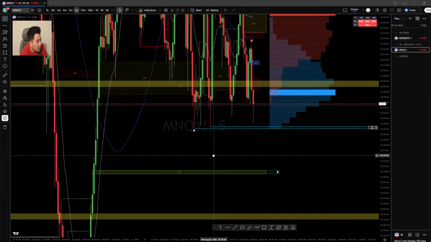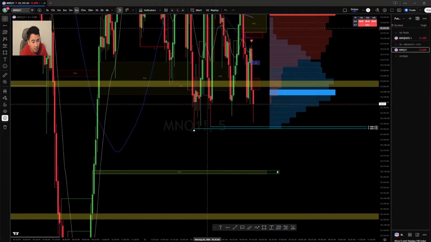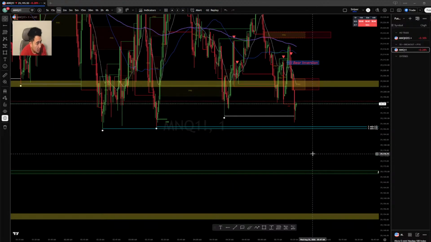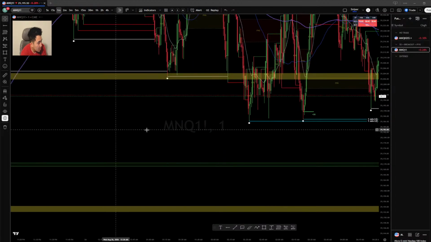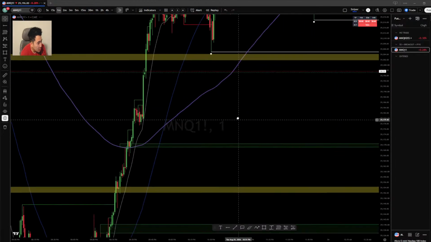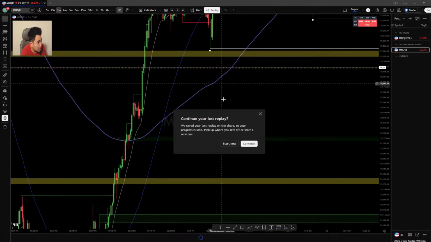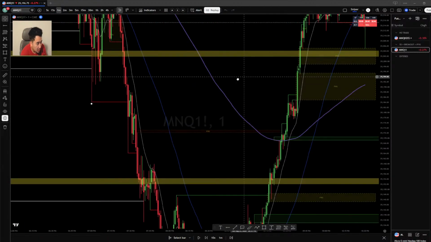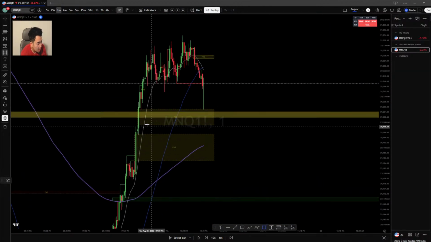Okay, now since price is starting to trade a little lower, what I'm going to do is go back a little bit more and hit this replay. This way my indicator is able to work a little bit better.